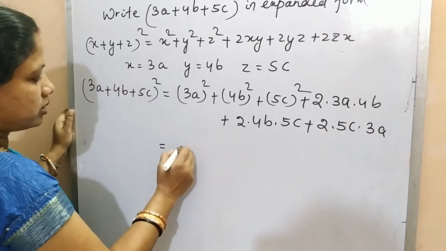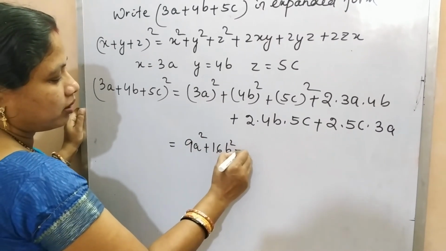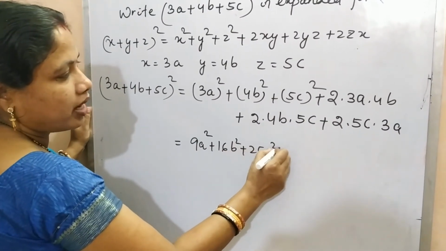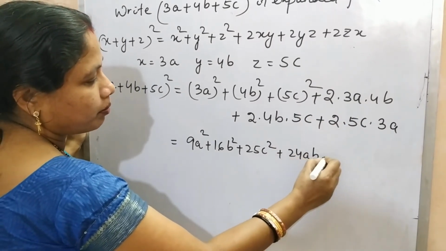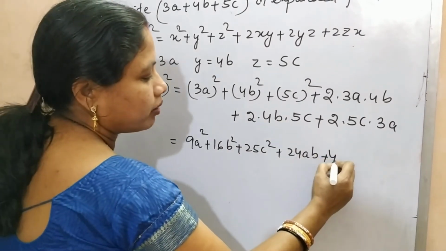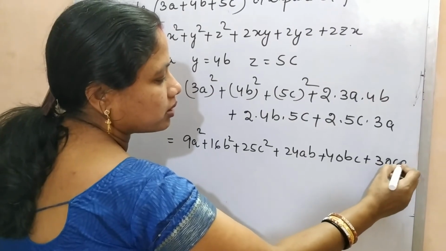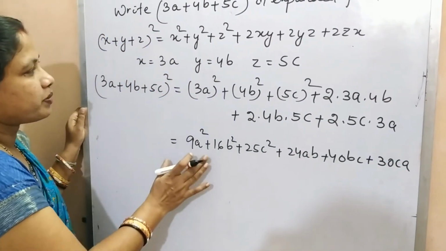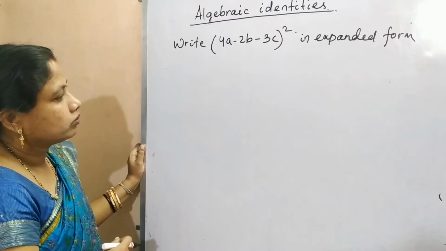So this is 9a square plus 16b square plus 25c square plus 24ab plus 40bc plus 30ca. So this is the expanded form of 3a plus 4b plus 5c whole square.